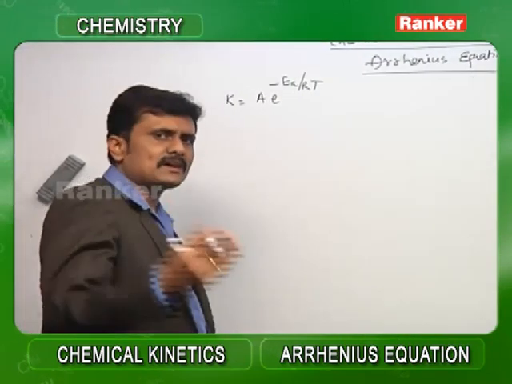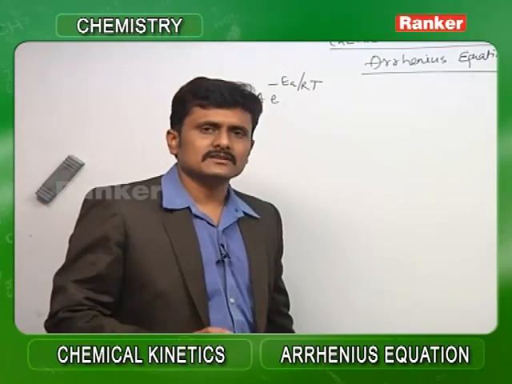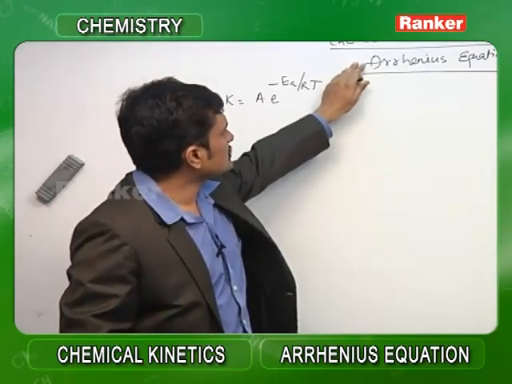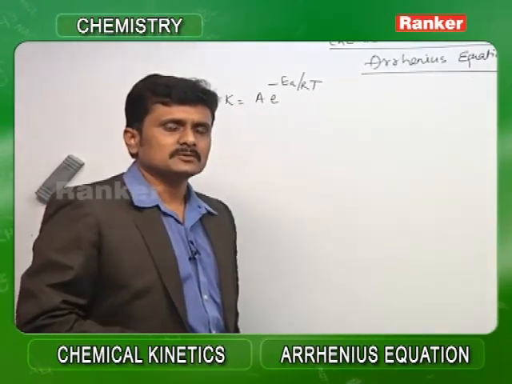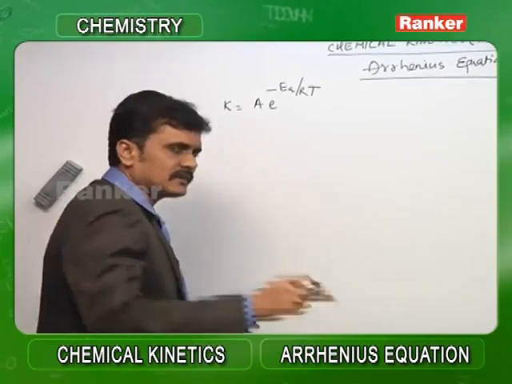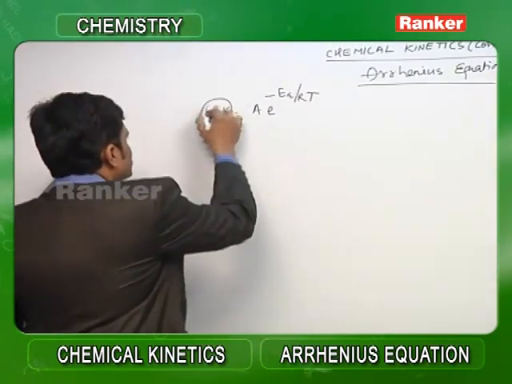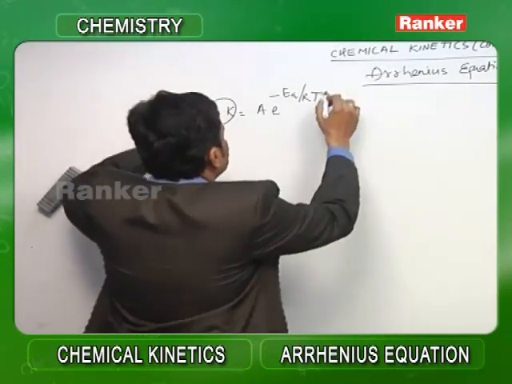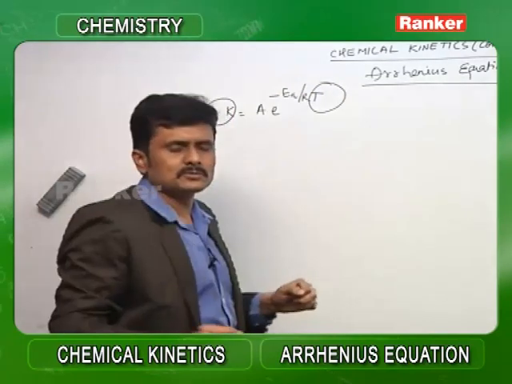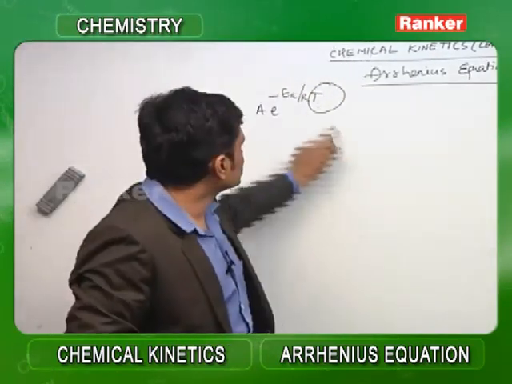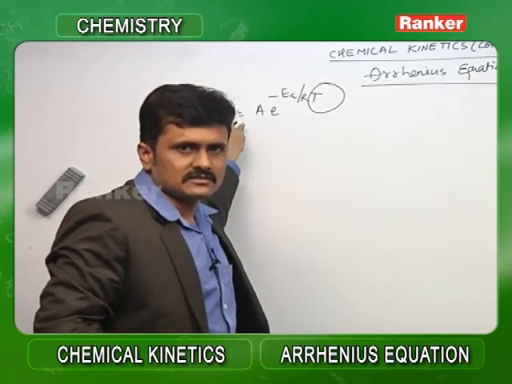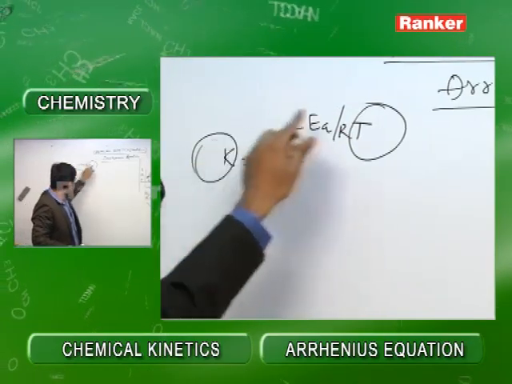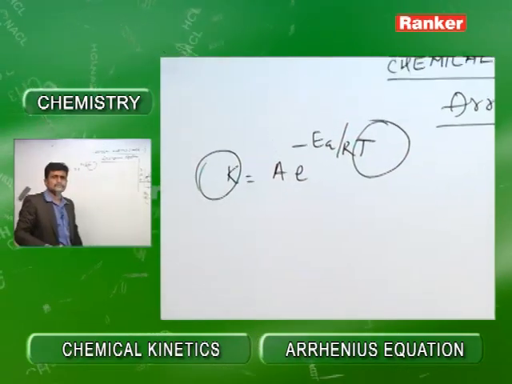The derivation part is completely out of our syllabus, so we are focusing on the applications of this equation, which is commonly referred to as the Arrhenius equation. As I told you, the rate constant is nothing but the rate of the reaction. Whatever I am encircling happen to be the variables, that is, with the temperature, the rate of the reaction would vary, rate or rate constant, one and the same, and there is an exponential relationship.